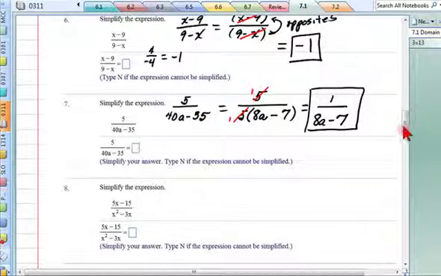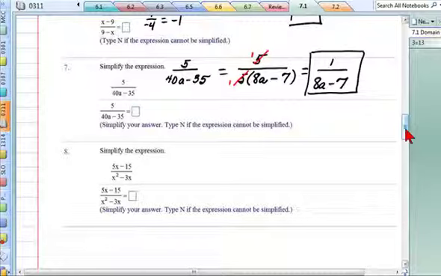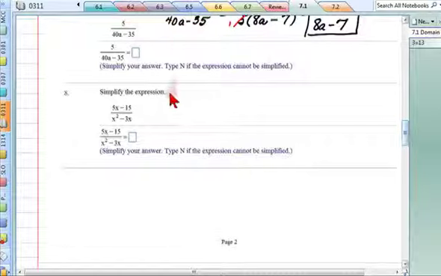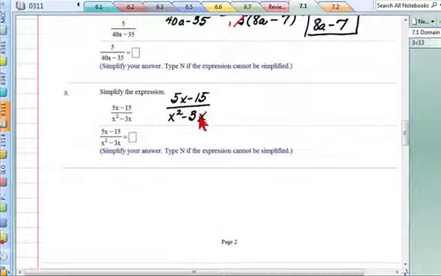Okay, let's go on. What number are we on? We are on number 8. I have 5x minus 15 over x squared minus 3x.